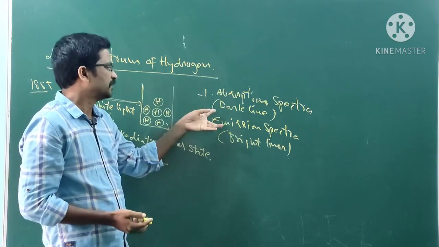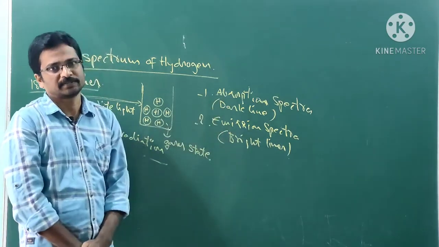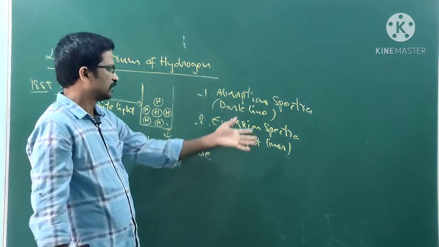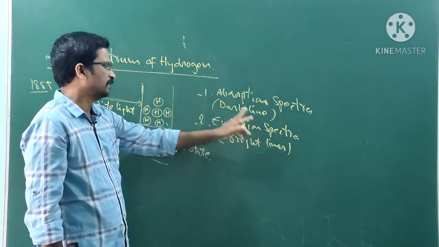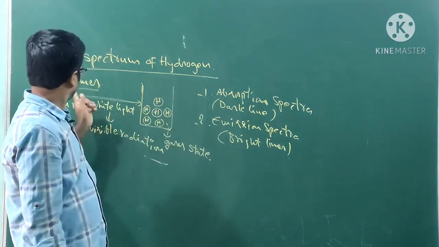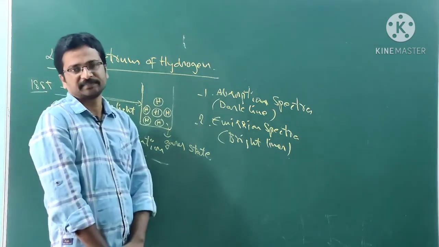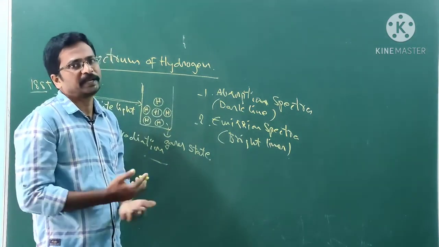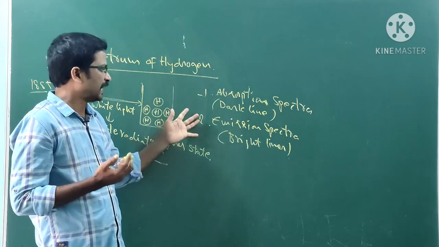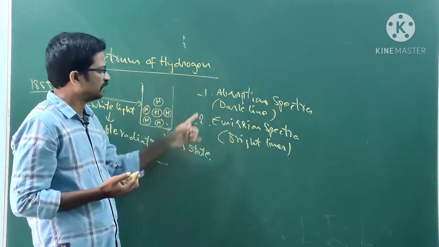That is why you can observe two types of spectra, absorption and emission, for the line spectra of hydrogen atom. Balmer explained the spectral lines by passing white light into hydrogen atoms.